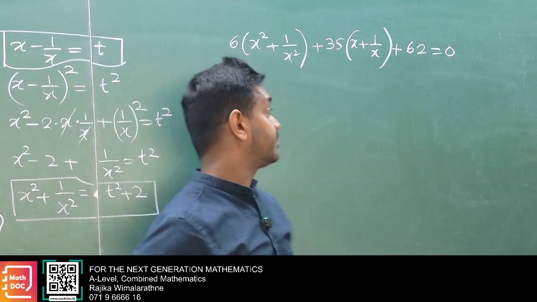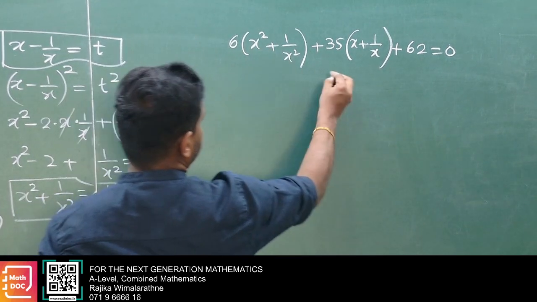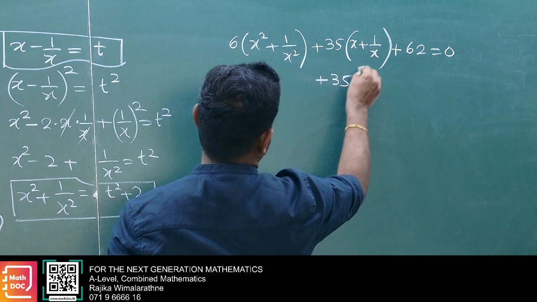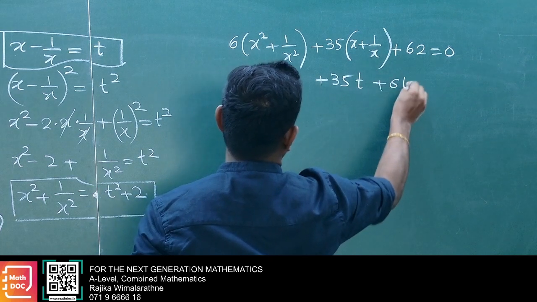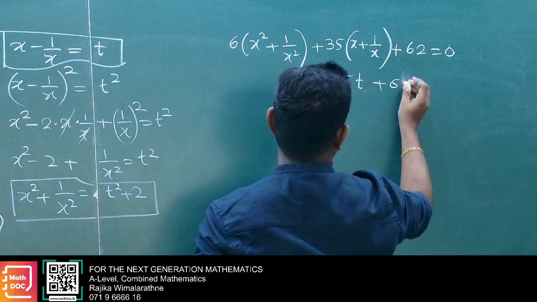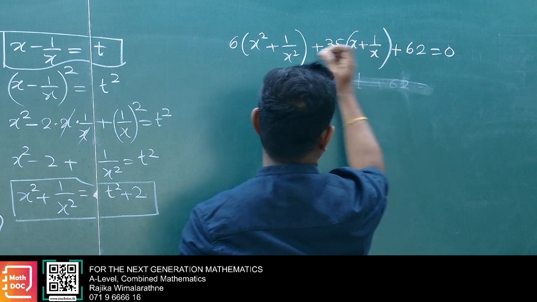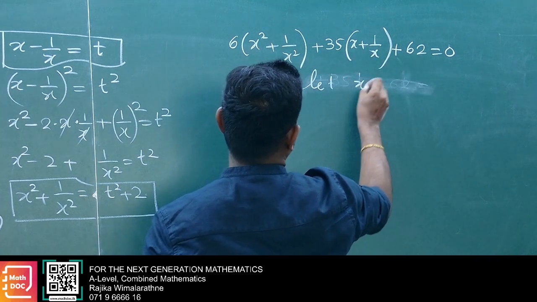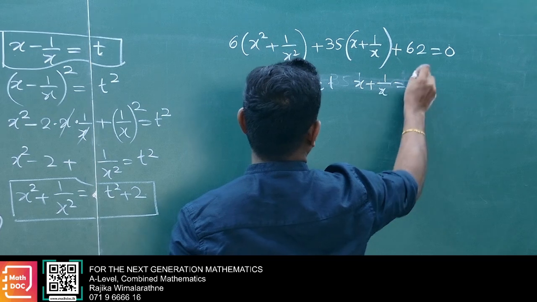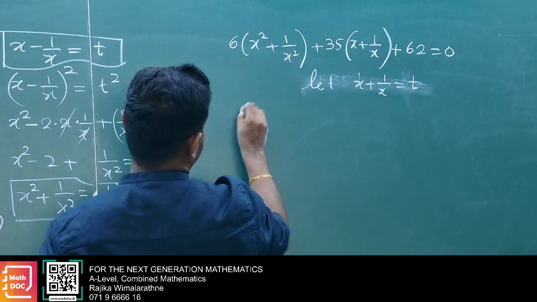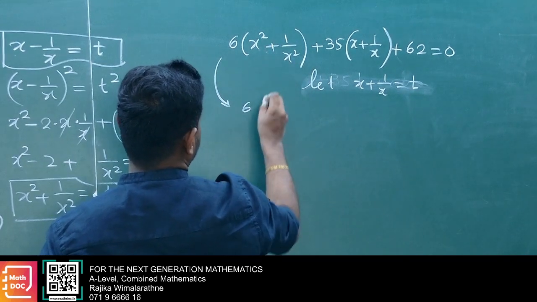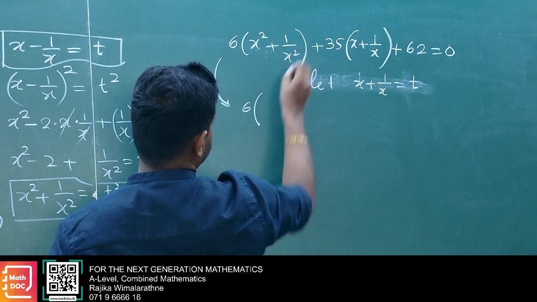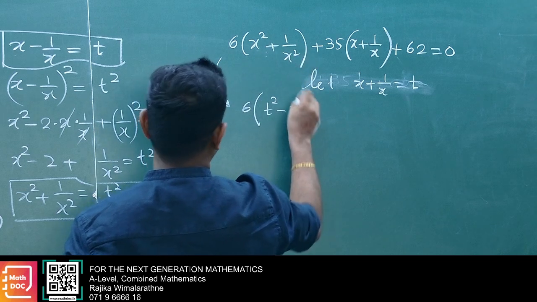Then here you put 35t plus 62. Let's write the substitution first: x plus 1 over x equals t. Then here, x squared plus 1 over x squared is t squared minus 2.